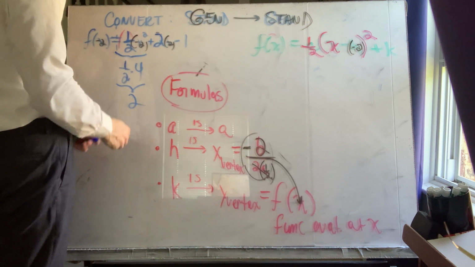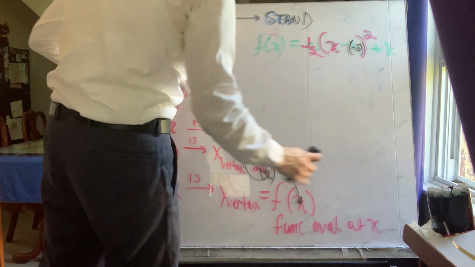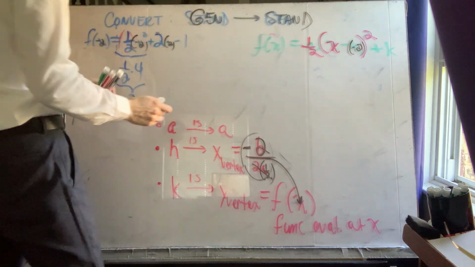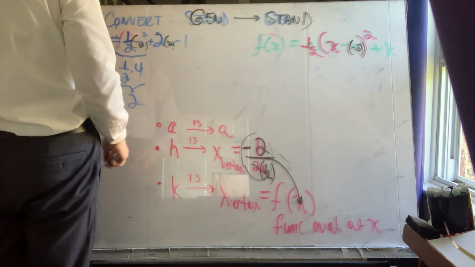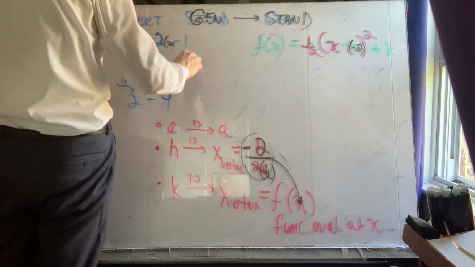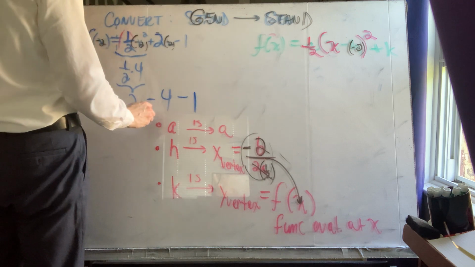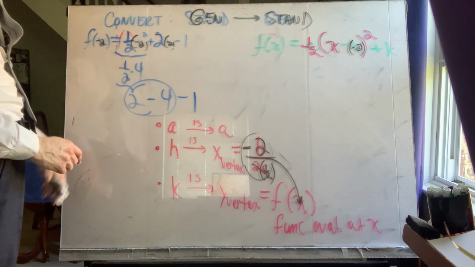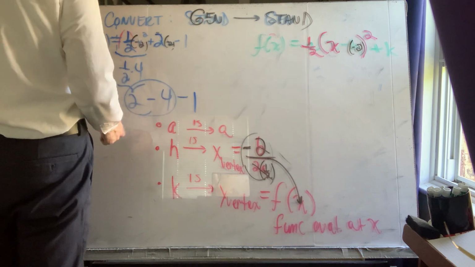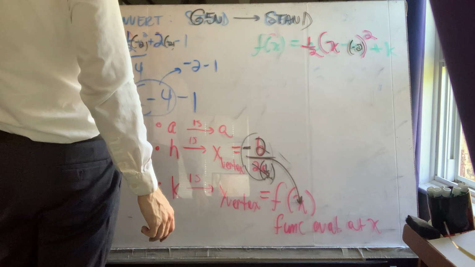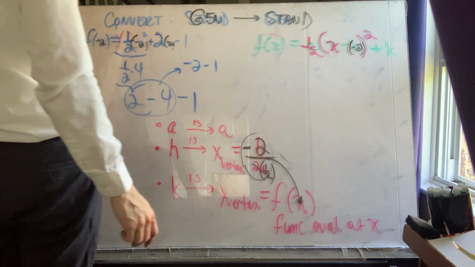All right. 2 times negative 2 would be minus 4, and there happens to be a minus 1 here. Positive 2, because it was squared, all right, and so the minus 4 would be negative 2 minus 1, which is 3.